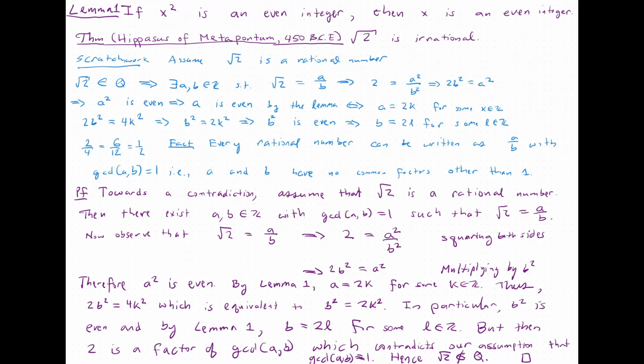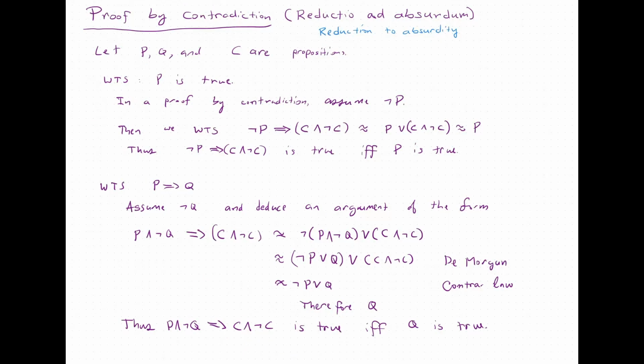But now, if we come back and trace the argument, we see the contradiction. If we come back to the way that we were talking about this initially, we want to prove that the square root of 2 is irrational, so we assumed not p, where p is the statement that the square root of 2 is irrational.